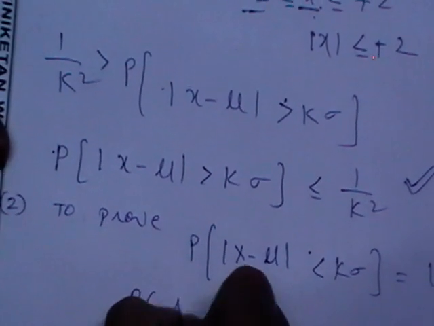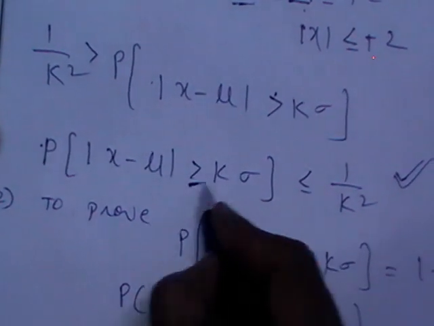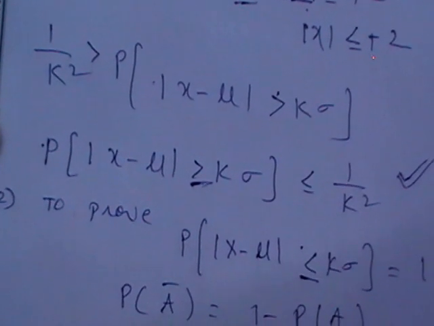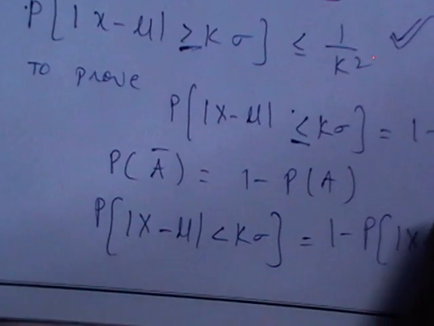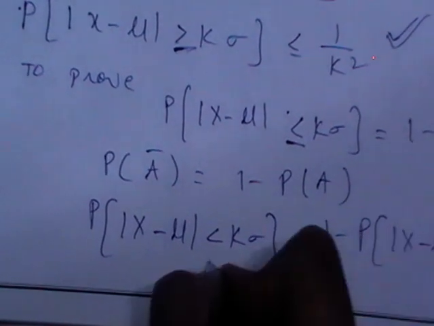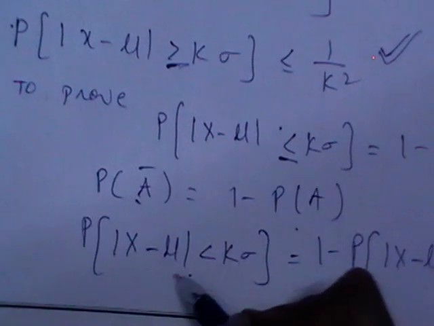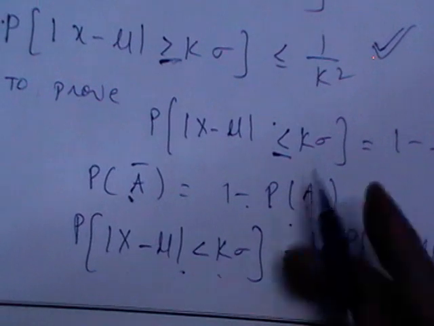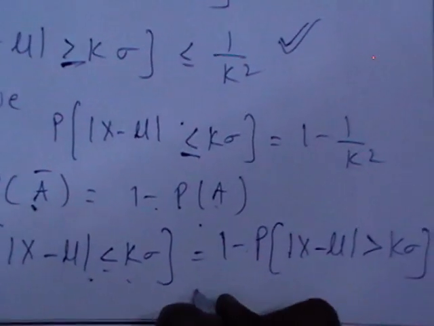You know that P of A bar is equal to 1 minus P of A. So you have greater than k sigma in one case and less than k sigma in the other. So the probability of mod x minus mu less than k sigma will be 1 minus the probability of mod x minus mu greater than k sigma.